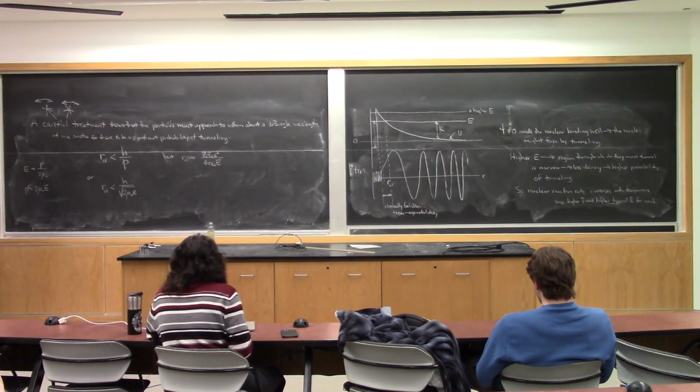So E at closest approach is Z1 Z2 e squared over 4 pi epsilon naught R. It's all potential energy at that point.